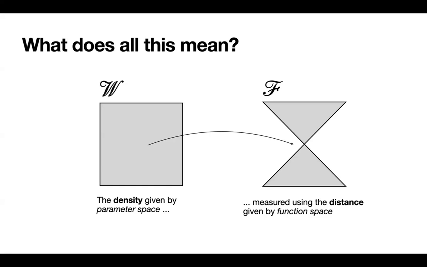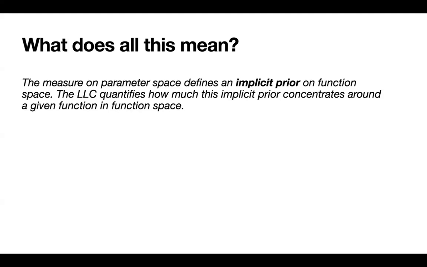So what we're implicitly doing is looking at this measure on parameter space, and viewing it in function space using the distance in function space. So you can see this as the measure on parameter space defining an implicit prior on function space. So what functions are more preferred?